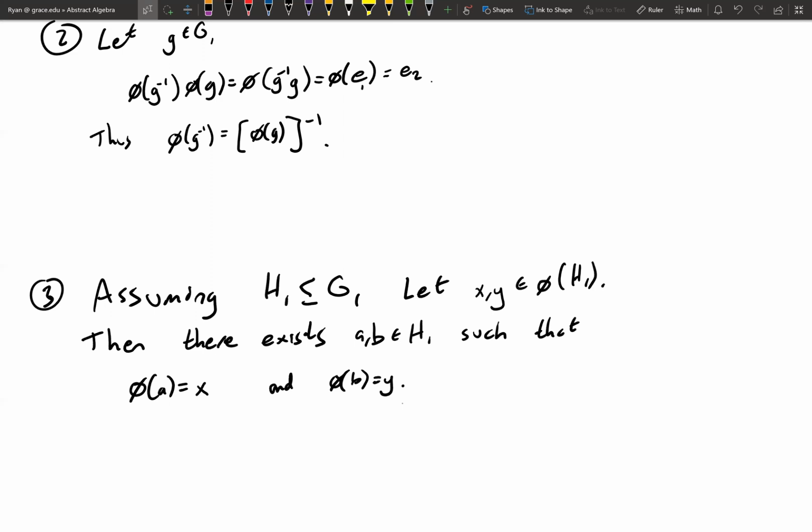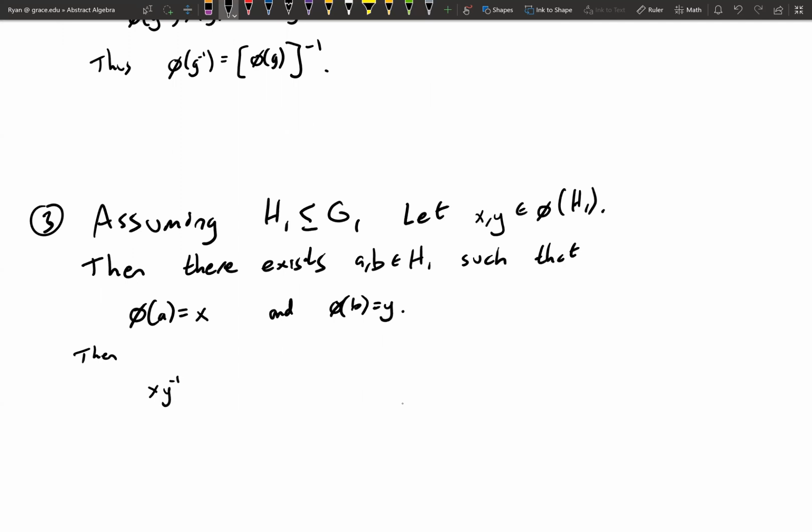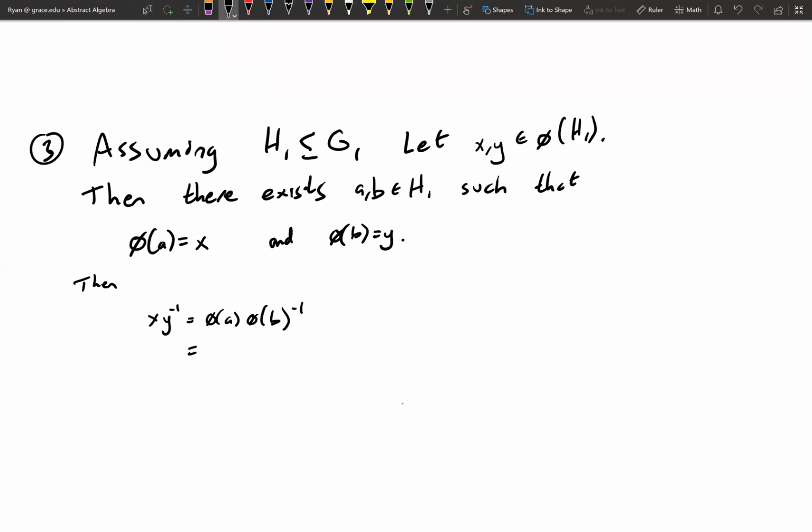Then there exist A and B in H1 such that phi of A equals X and phi of B equals Y. Then X, Y inverse is equal to phi of A, phi of B inverse. The inverse can move inside. We just proved that in part 2. That's equal to phi of A, B inverse.